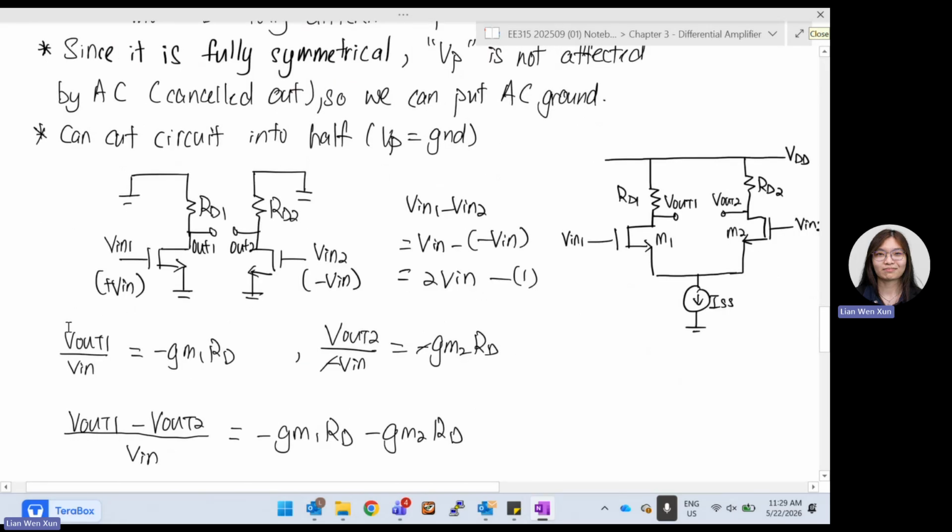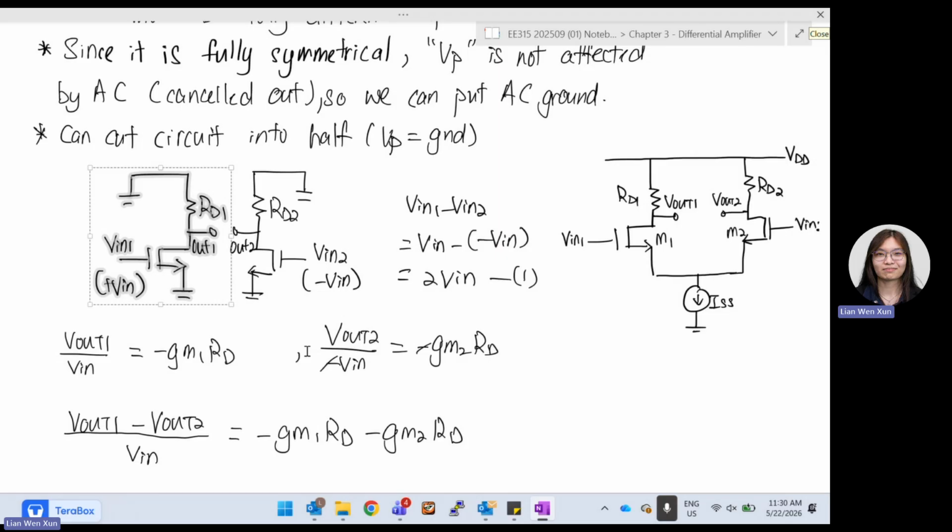Next, what is this circuit? Is it a common gate, common source, or common drain? Which one do you think it is? It is a common source.